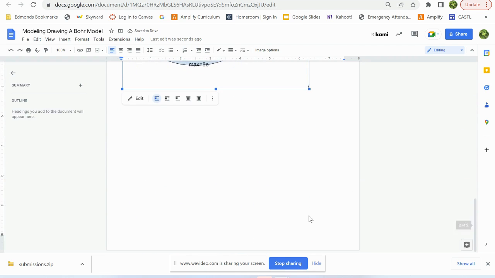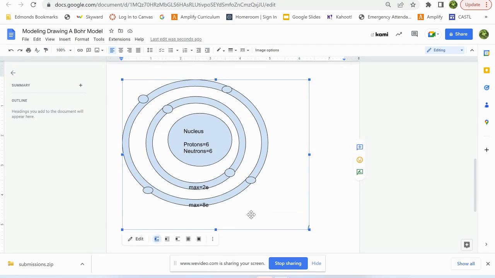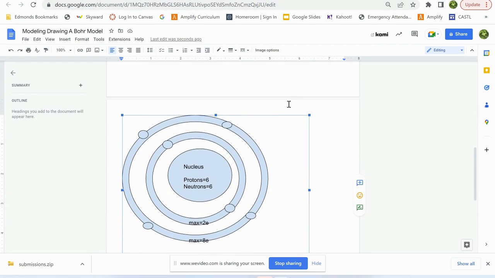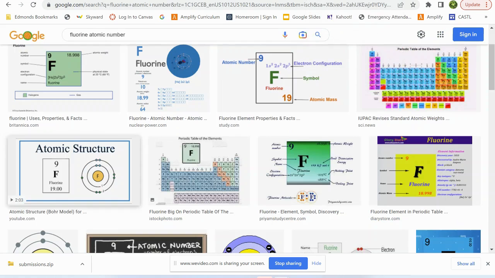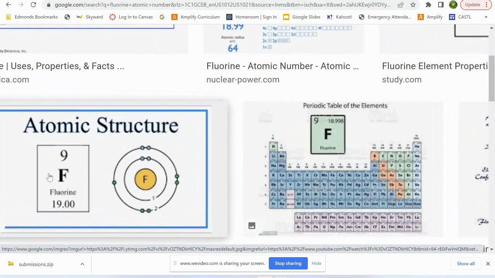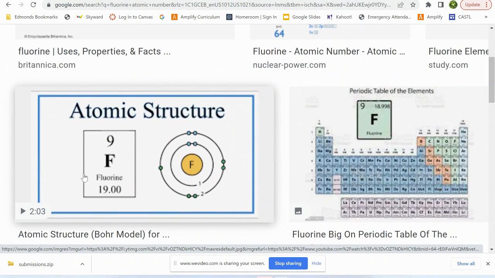All right, so that was an example. What if we did the example with like fluorine, let's see, right? You can see fluorine here, the atomic structure. It has an atomic number of 9, which means it has 9 protons. If it has 9 protons, that means it has 9 electrons. And we know 19 minus 9 is 10, so it has 10 neutrons.